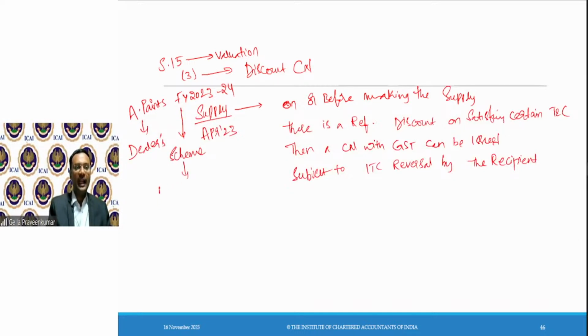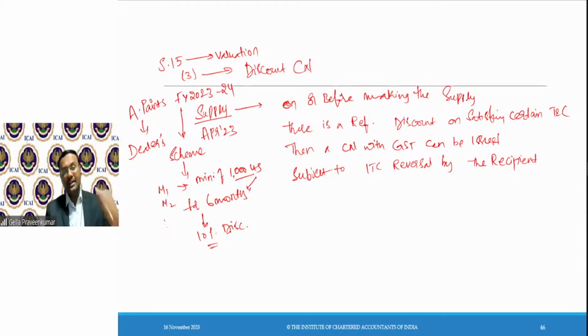Scheme says that every month, like month 1, month 2, etc., you should purchase a minimum of 1,000 liters. If you buy a minimum of 1,000 liters for 6 months, you will get a 10% discount. This could be one scheme where I have to buy a minimum of 1,000 liters every month up to a period of 6 months. If you do that, you will get a 10% discount. Probably one sort of scheme.